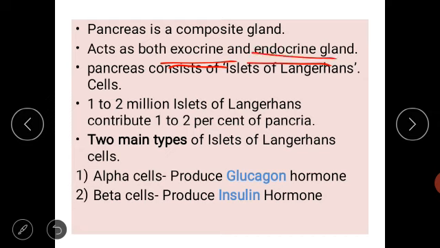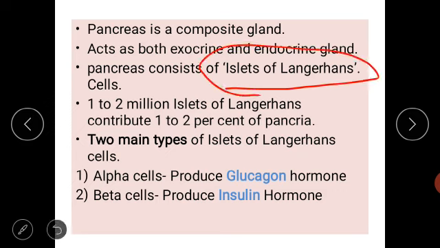Exocrine because it produces enzymes, endocrine because it produces hormones. Pancreas consists of islets of Langerhans. This is the most interesting thing to study in the pancreas: islets of Langerhans.